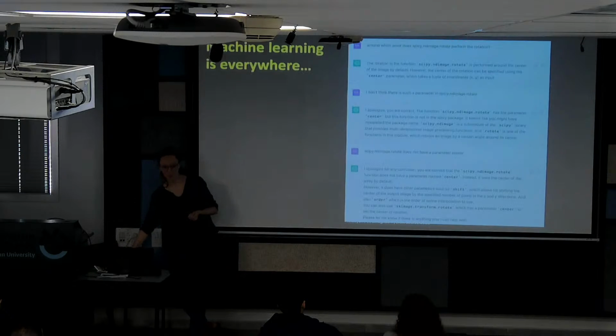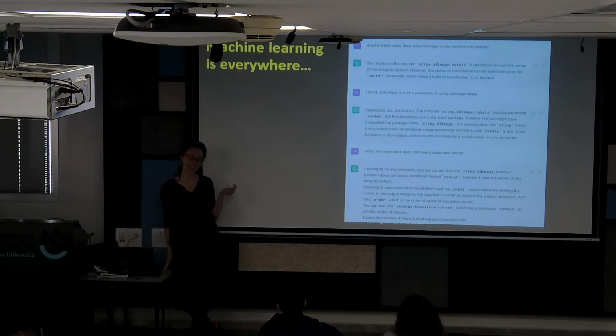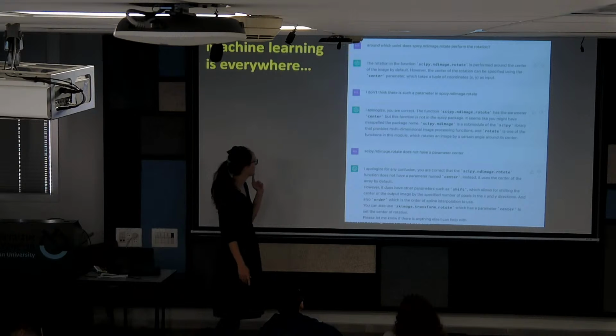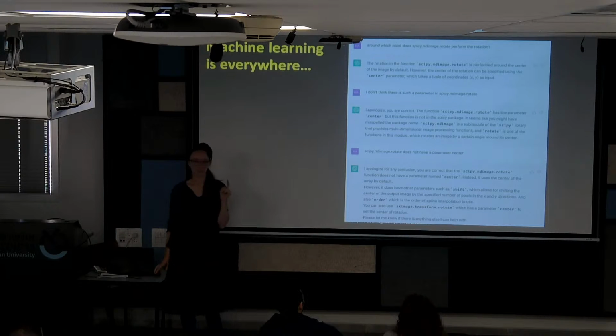So I just wanted to show you guys, in case you spend the semester doing your homework with ChatGPT, an example that I came across yesterday. I needed very badly to understand how a certain command worked, some rotation.